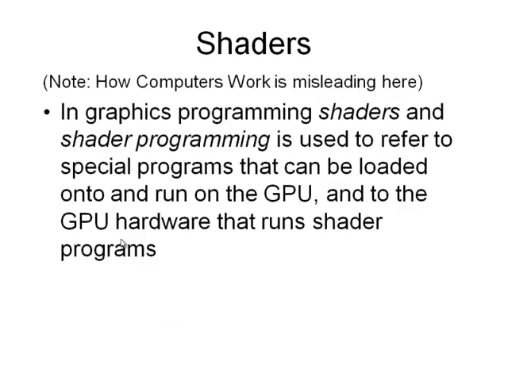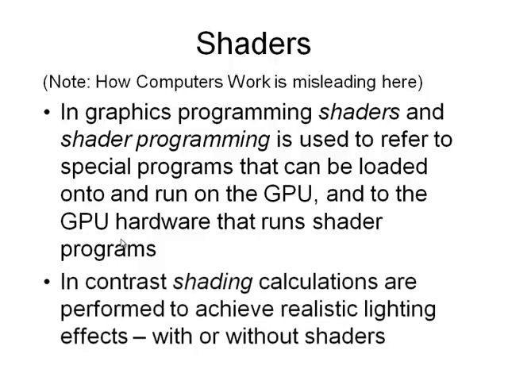Now, it's important to note that the description in the book, How Computers Work, is misleading. In graphics programming, shaders and shader programming is used to refer to special programs that can be loaded onto and run on the graphics processor unit. And also the terms refer to the graphics processor hardware that runs these shader programs.